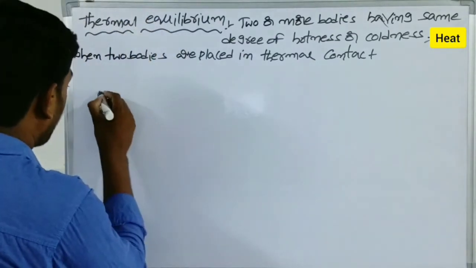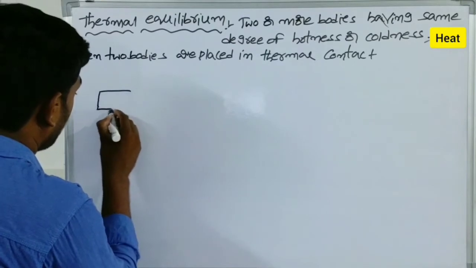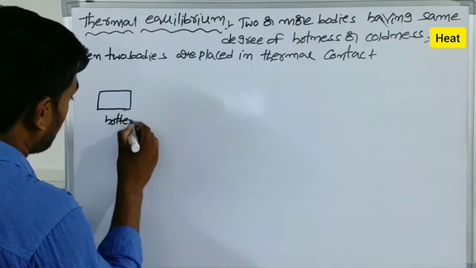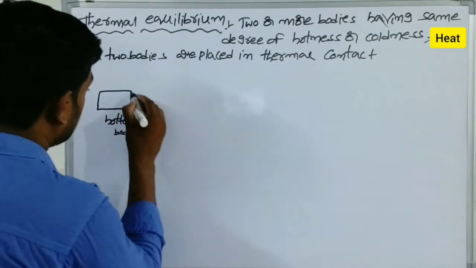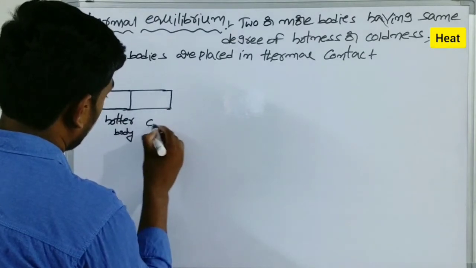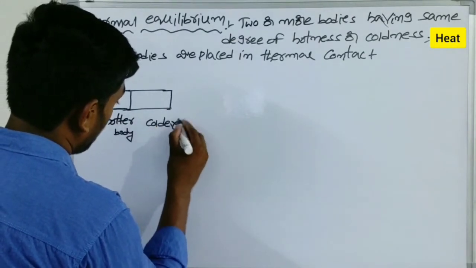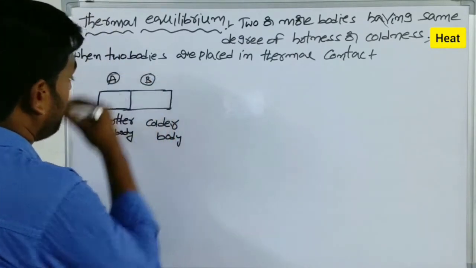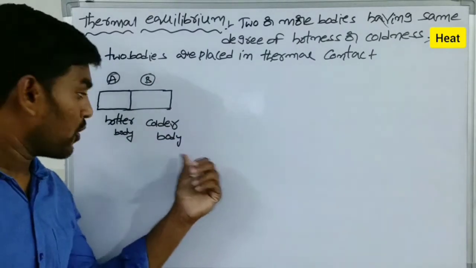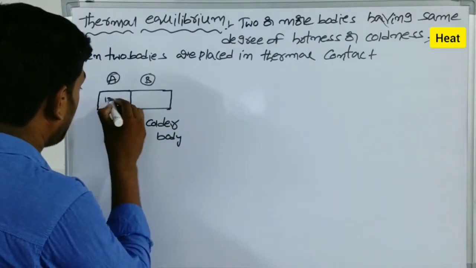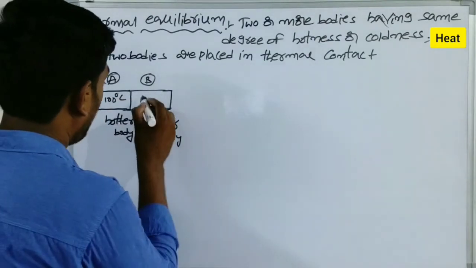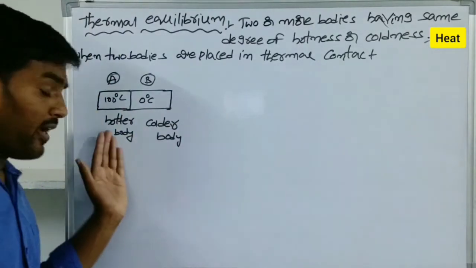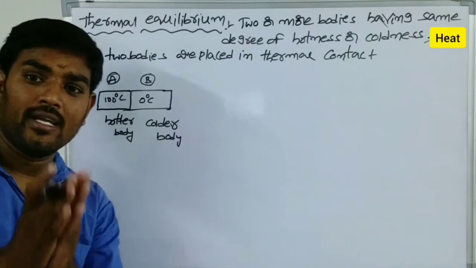Take a hotter body, this is point A, and a colder body, this is point B. This body's temperature is 100 degrees centigrade, this body's temperature is 0 degrees centigrade. Take two bodies, one at 100 degrees centigrade, another at 0 degrees centigrade.